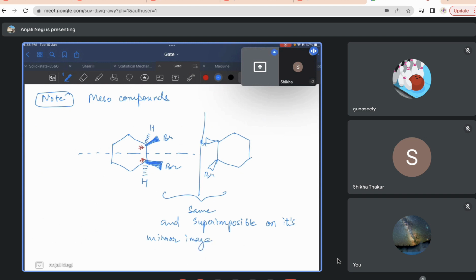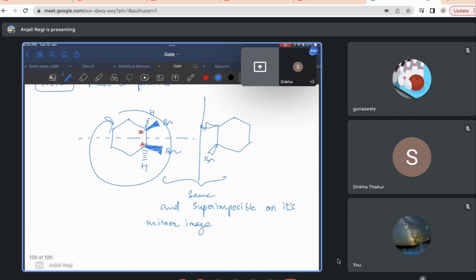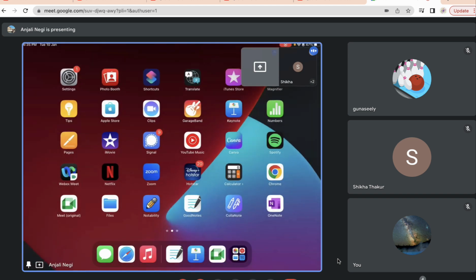At one glance it may not look so, but if you simply rotate it and then superimpose, it will get superimposed because it has a plane of symmetry. Okay, so I think it is clear, and let's get back to the problem.